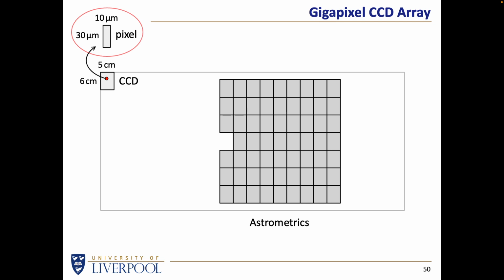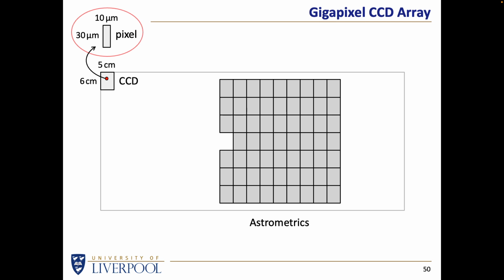Each pixel is rectangular. That mirrors the shape, if you'll excuse the pun, of the actual primary mirrors themselves. Much bigger in one direction, so the star images are much tighter in one direction, so we don't want square pixels.